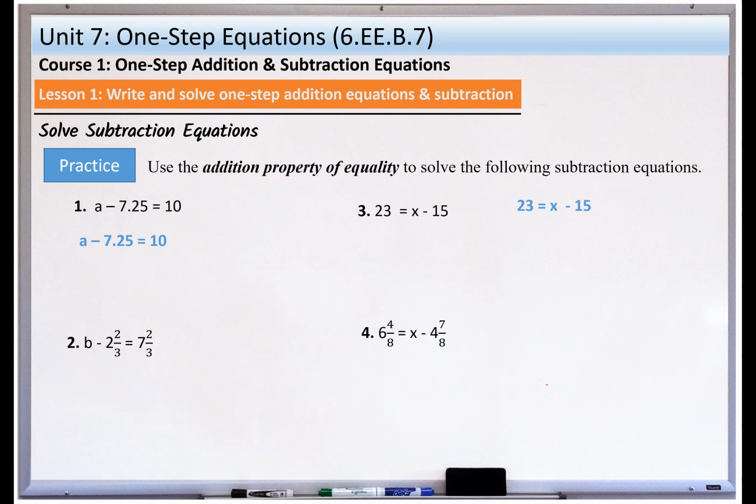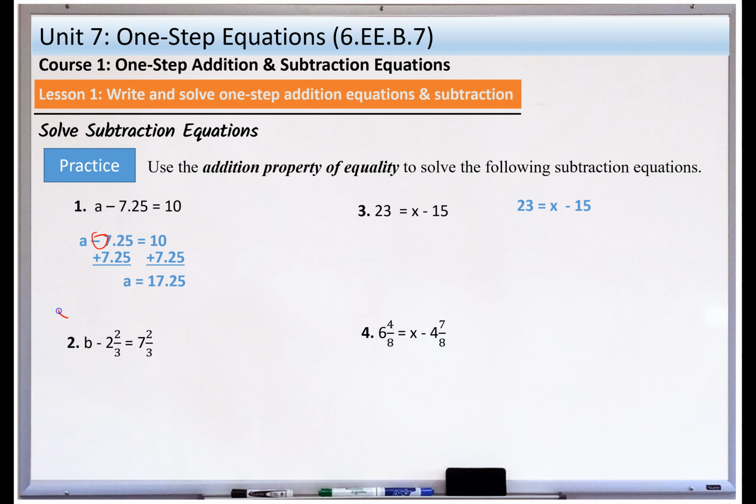Okay, let's go solve some problems. Some number a minus 7 and 2/5 equals 10. The inverse of subtraction is addition. We must add 7 and 2/5 to both sides, and we get 17 and 2/5.